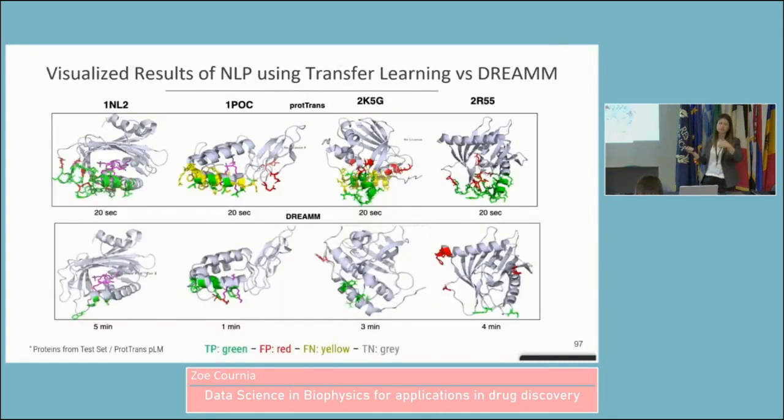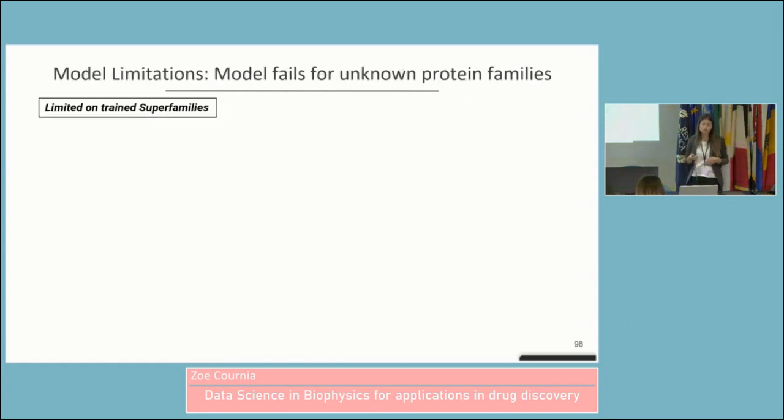So the results of the protein language model applied to protein membrane amino acid prediction was very good. So we could actually predict with high accuracy and just in seconds. This is in seconds instead of minutes that DREAM took for the same essentially predictions with DREAM. So it was quite successful.